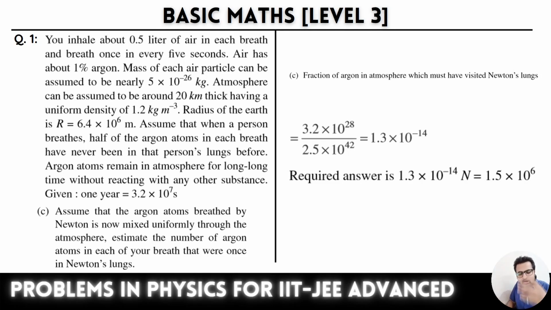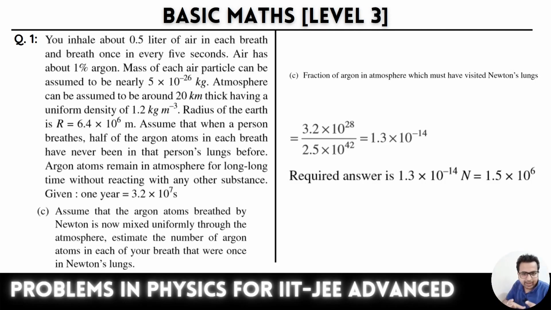With this, I will get the number of special argon atoms inhaled by me belonging to Newton's lungs. So see, I inhaled air, I inhaled lots of argon atoms. So definitely in those lots of argon atoms, there are some special argon atoms belonging to Newton's lungs. So that also I inhaled.